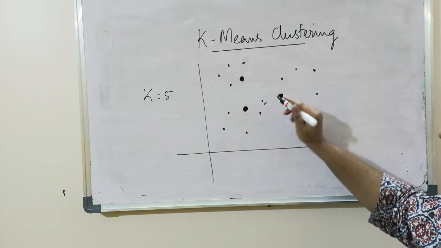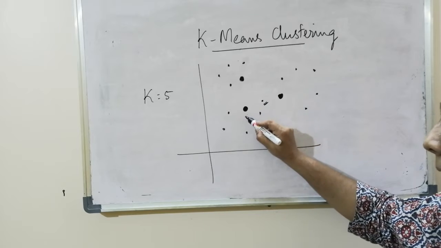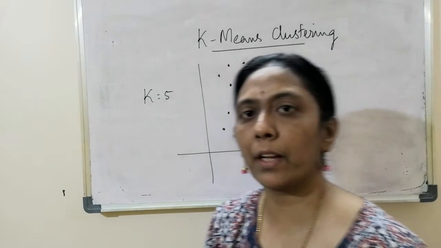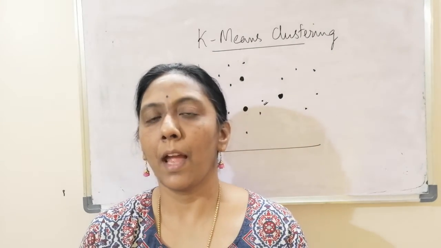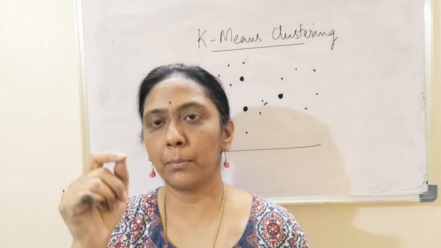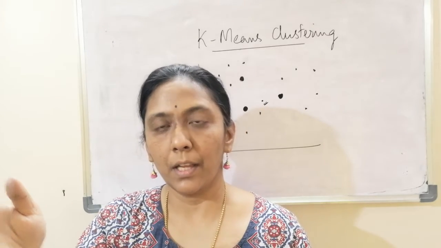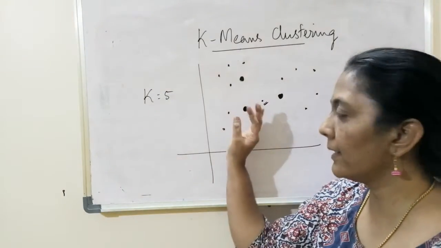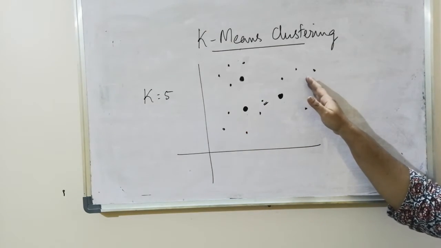In order to find out whether this particular input point lies in this cluster or this cluster, what we have to do is find out the center point or the perpendicular bisector, and then find out whether that point lies to the left of the bisector or to the right of the bisector. If that point lies to the left of the bisector, then it falls in this cluster. When it falls to the right of the bisector, it falls in this cluster.